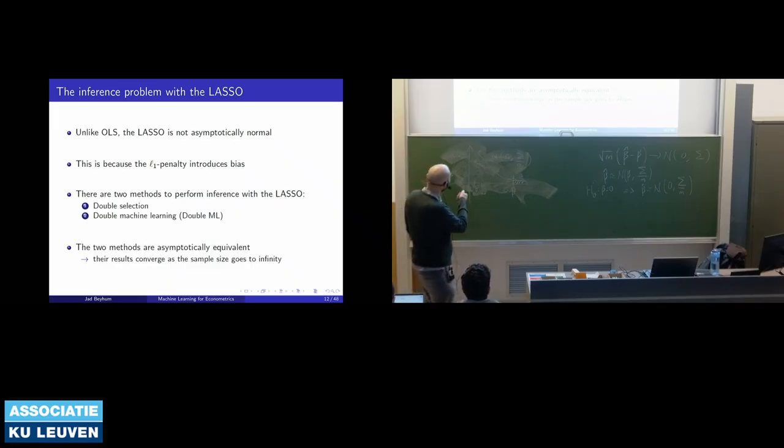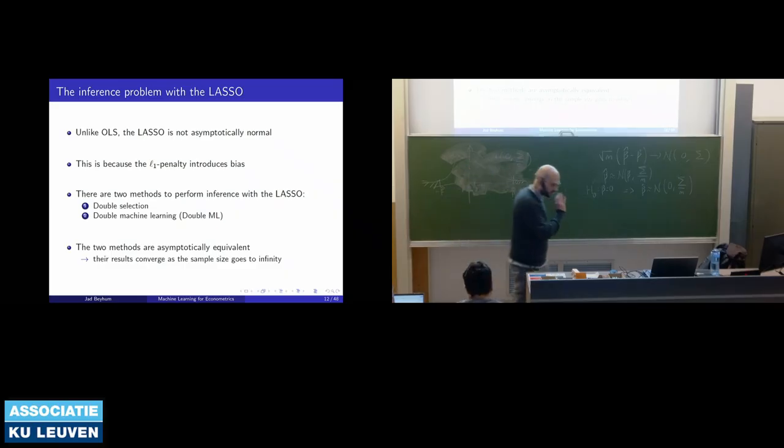What you should know is that these two methods are asymptotically equivalent, meaning when the sample size goes to infinity, their results converge to each other. So there is no real method to prefer over the other. They will give you very close results in practice, but we see both methods because they have different interpretations, which are interesting for understanding.